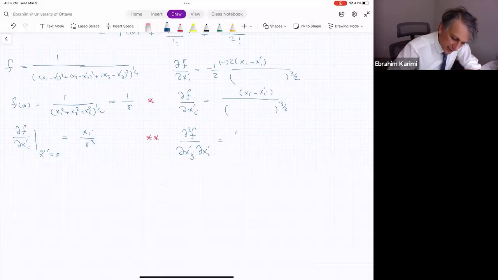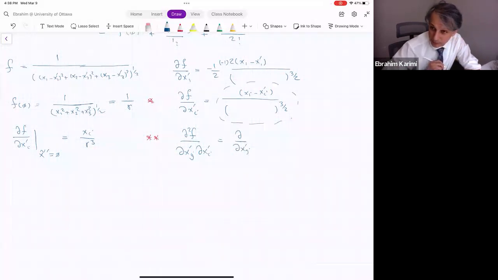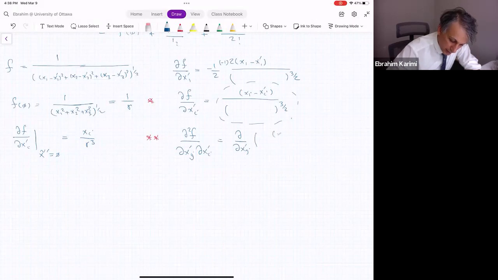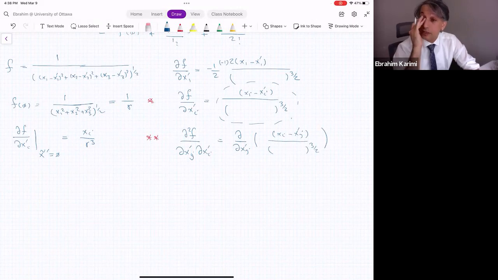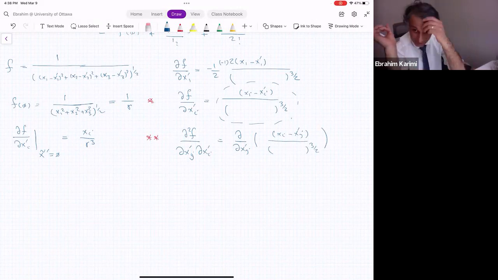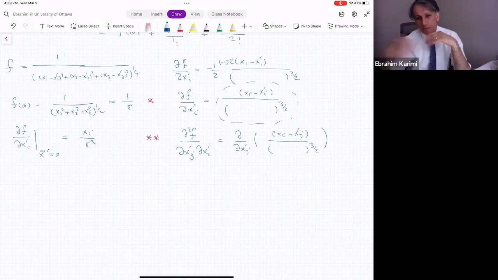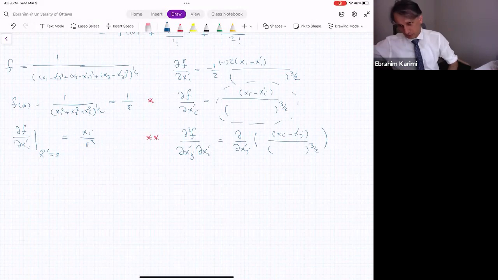It has two terms. First, I take the derivative of the numerator and multiply by the other term, and then plus the derivative of the denominator multiplied by the other.